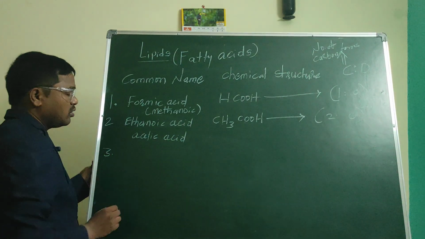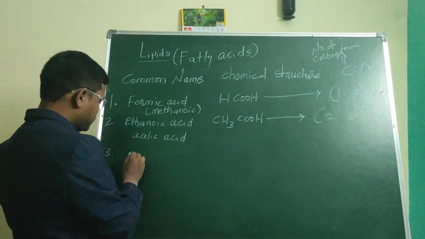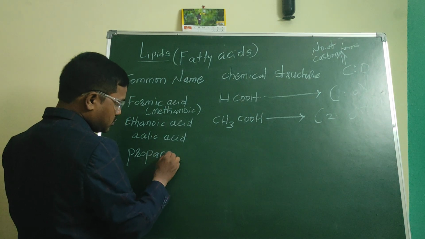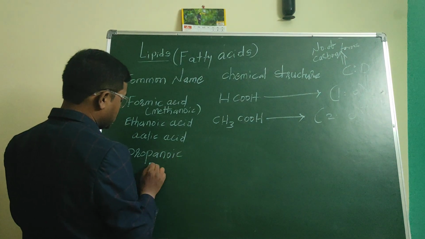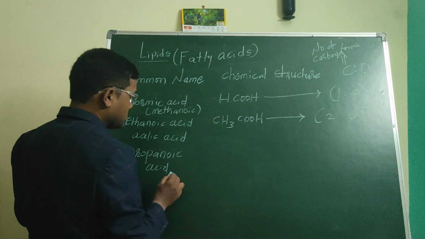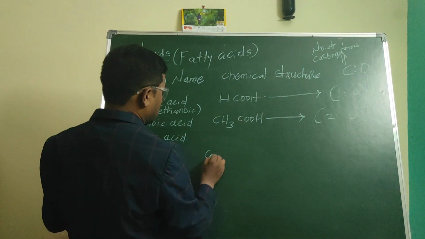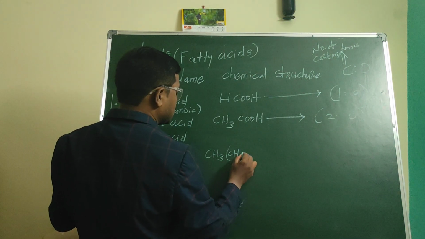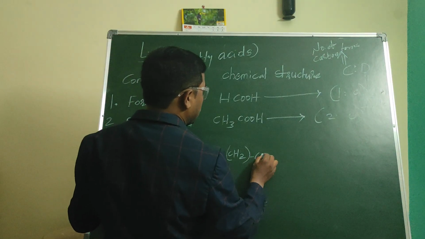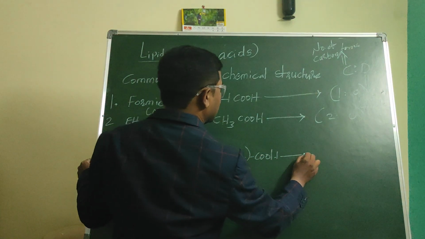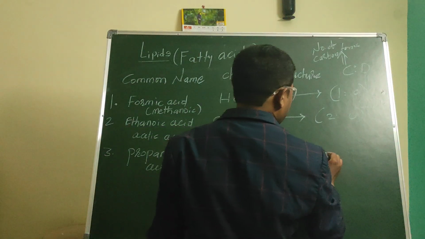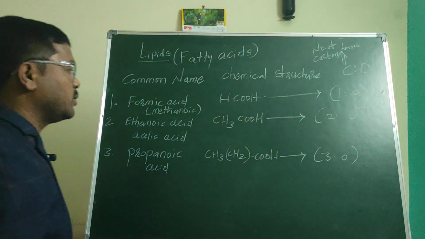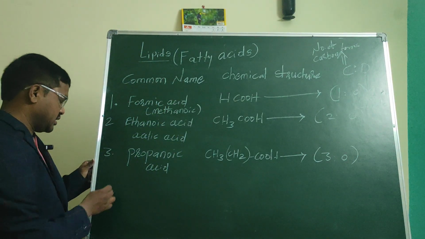Third one, propanoic acid, CH3CH2COOH. Number of carbon atoms 3, number of double bonds 0.